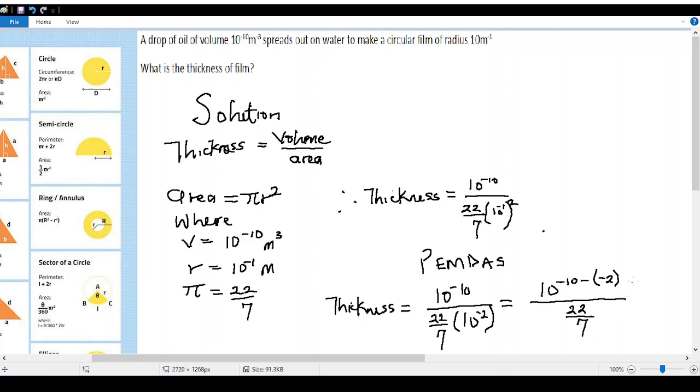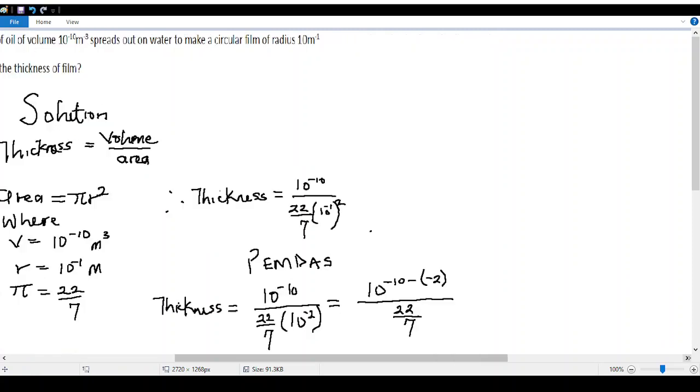Working it out this way, minus changes the sign inside of the bracket. So we're going to have here minus 10 plus 2. So we have 10 raised to power minus 10 plus 2 all over 22 over 7.